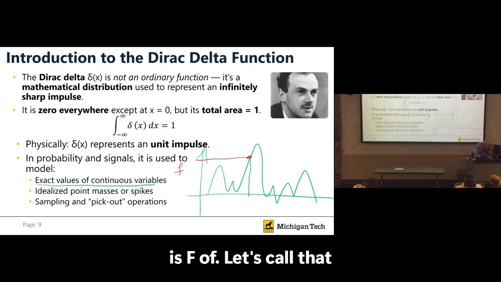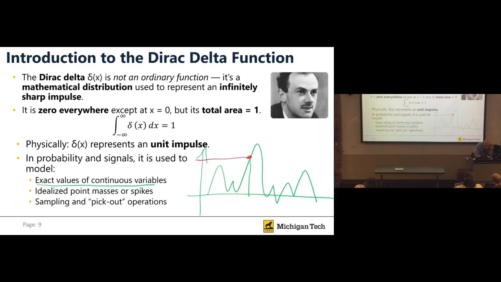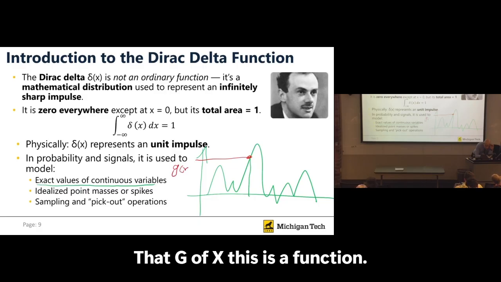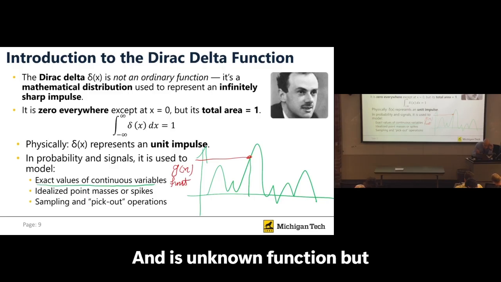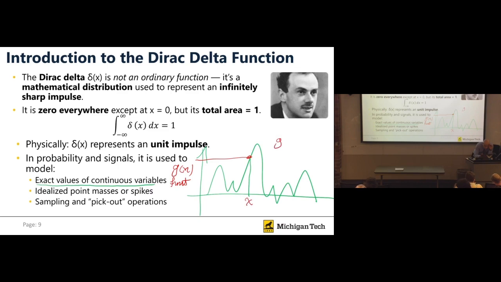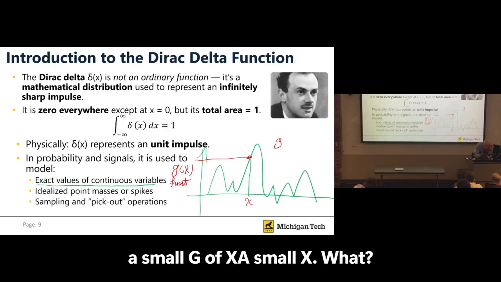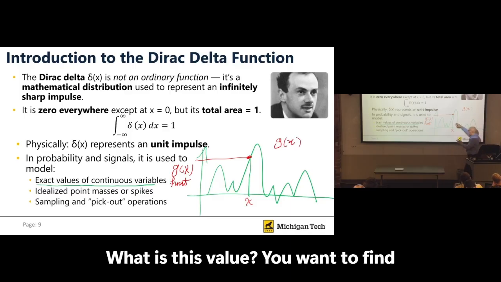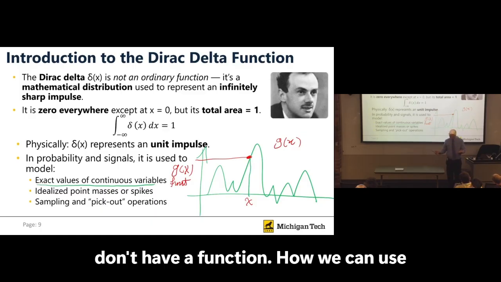Let's call it g of x. This is a function, and it is unknown, but you want to see what g of capital X is, the small g of small x. What is this value? You want to find that, but you don't know it exactly. You don't have a function. How can we do that?